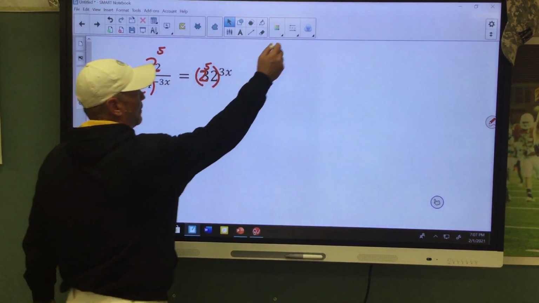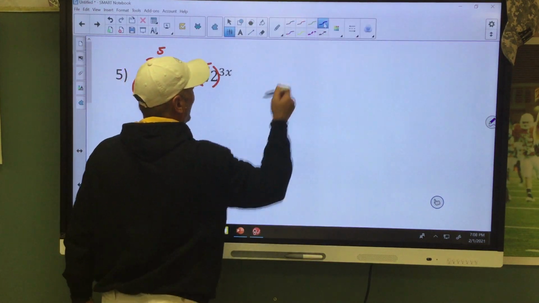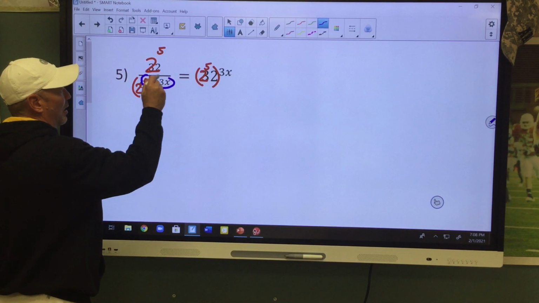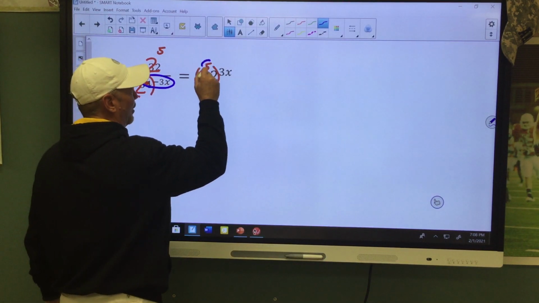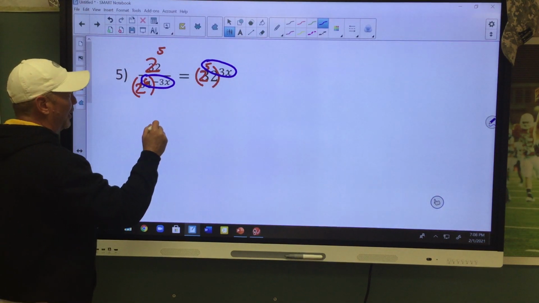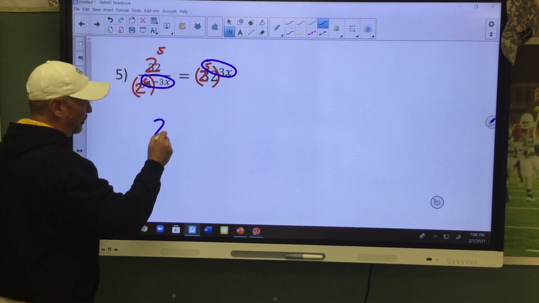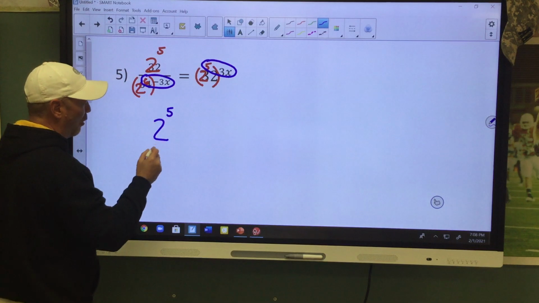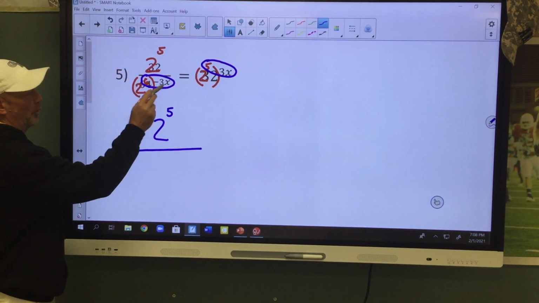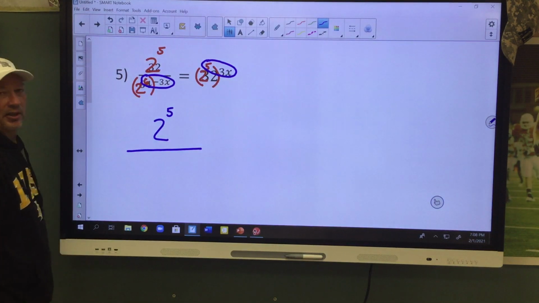But look what we have. We have to raise the power. So what I have is 2 to the 5th over 2 to the 6th, but we're raising it to the negative 3x.